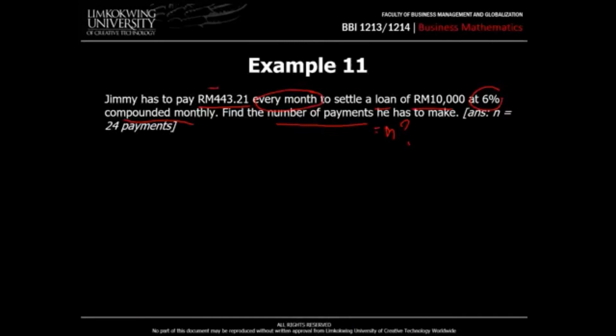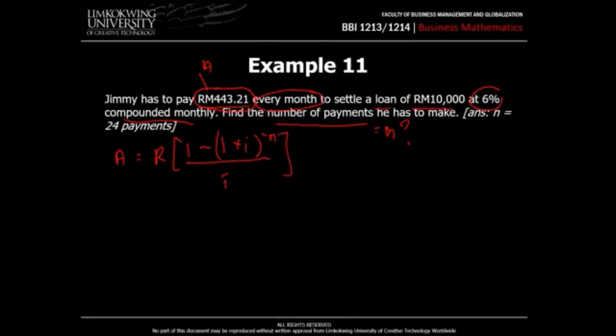Jimmy has to pay this amount. So do we use A or S? A, because this is present value. So formula A is R times 1 minus 1 plus i to the index of negative n, divided by i.